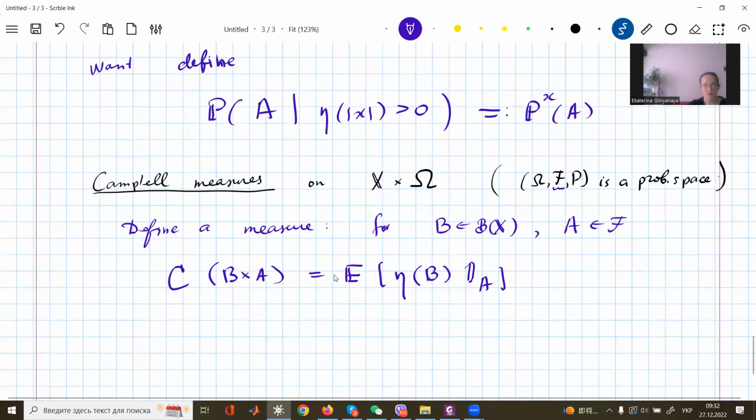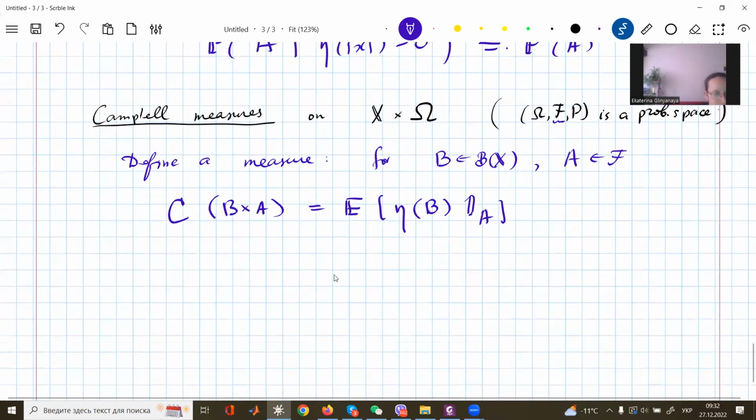So I have a point process eta, and I define this measure.